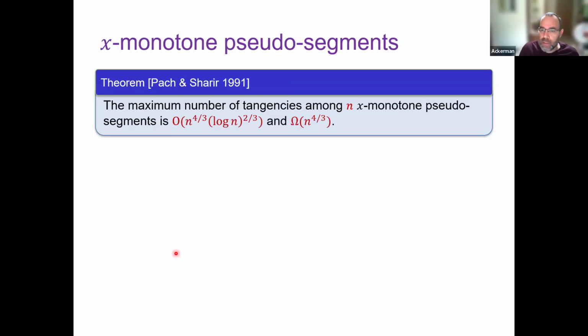So still staying with pseudo-segments, this time x-monotone pseudo-segments. They no longer have to be pairwise intersecting, because this case is solved, or at least asymptotically solved. It follows from a result of Pach and Sharir from the 90s. They considered a different problem, but the reductions between these two problems are quite easy.